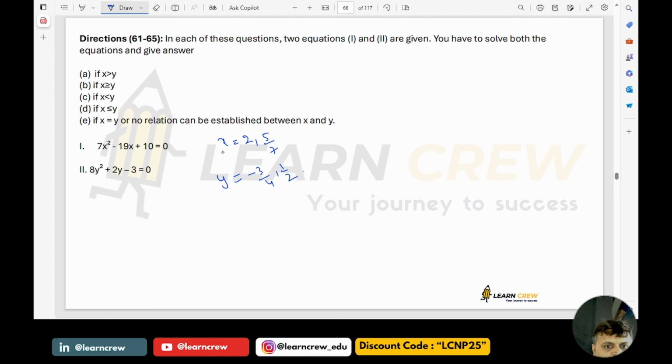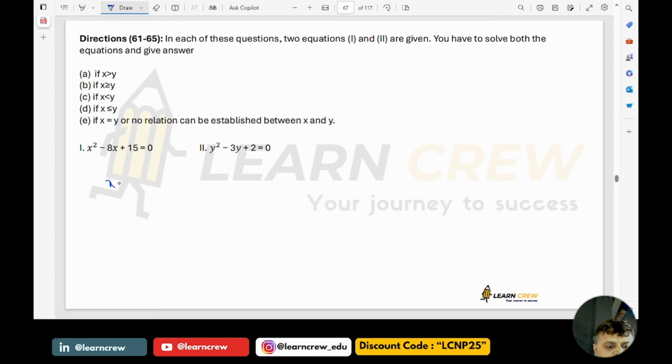So now 2 is greater than this, and this 5 by 7, is it greater or not? Greater. So both these values are greater than this. So the answer is x greater than y, option A. Next.